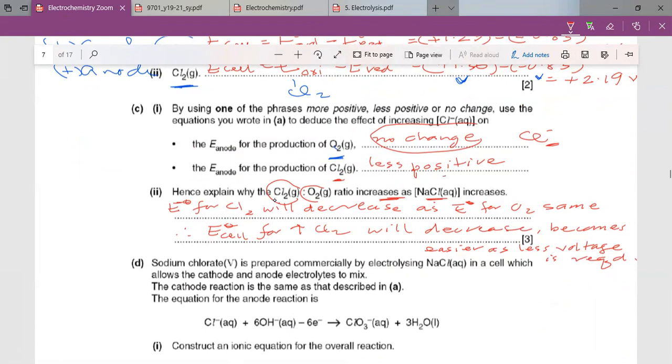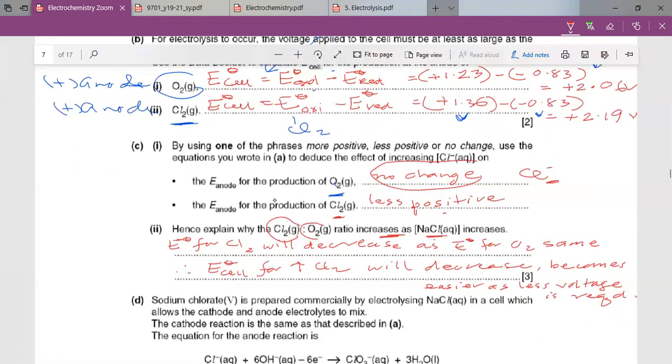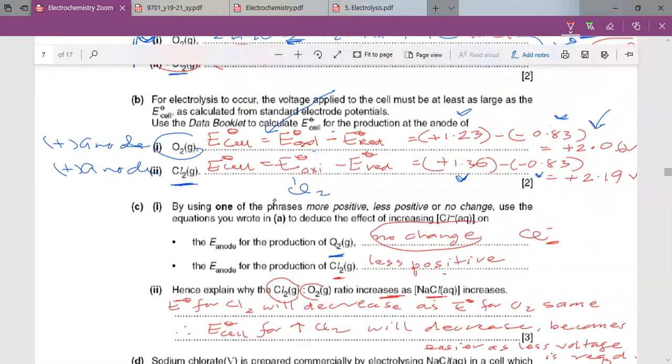If this becomes smaller, this will just be 1.83. That means easier than this fellow here. So that means more chlorine gas is given out. That's why it says here.